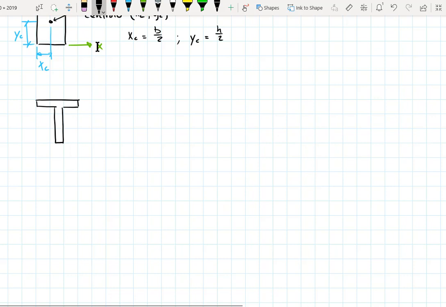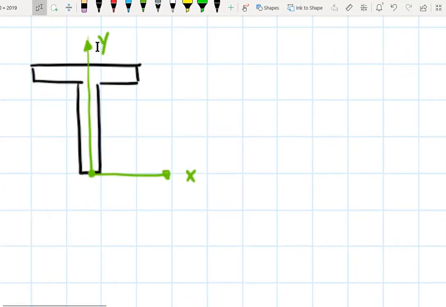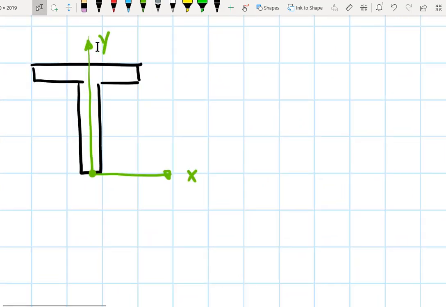Here, let's put my origin right here. So there's the x-axis, and since it's bilaterally symmetrical about the y-axis, I'll put it right there in the middle. The way I've drawn it, x sub c is obvious, I hope.